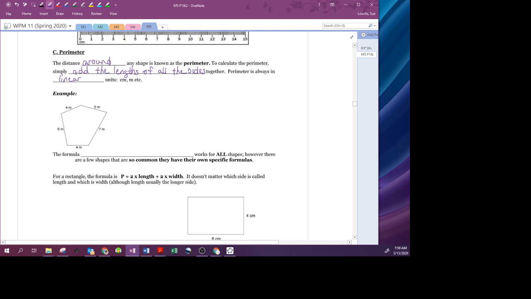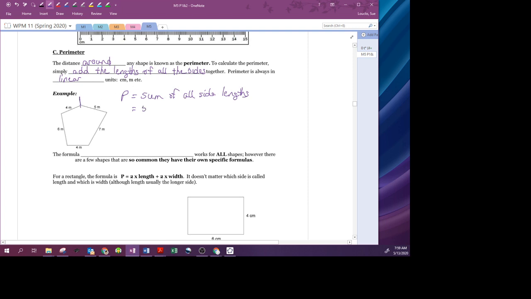Here's an example. Perimeter equals the sum of all side lengths. So we're going to add those side lengths up. What I like to do is put a mark on my drawing somewhere so I know where I started.